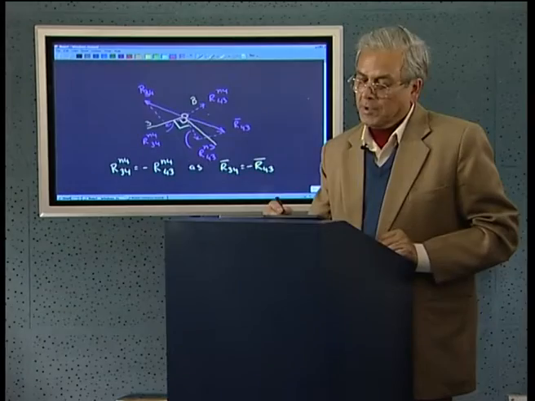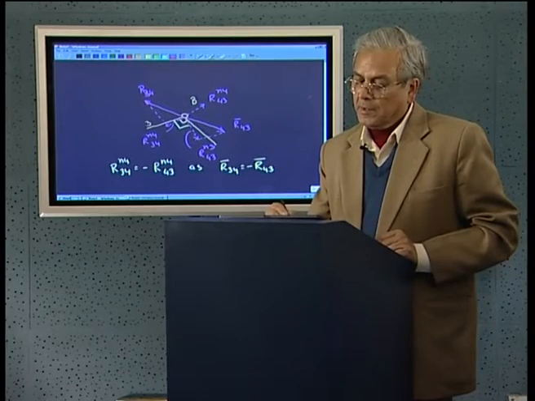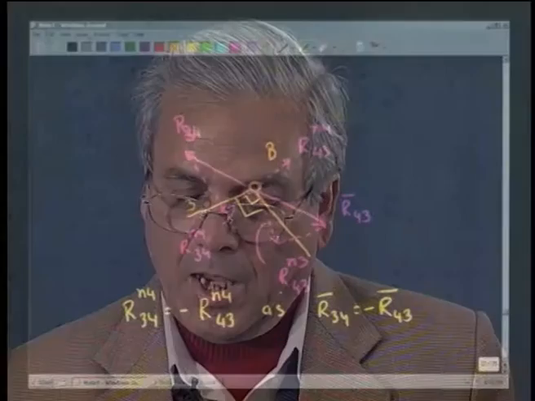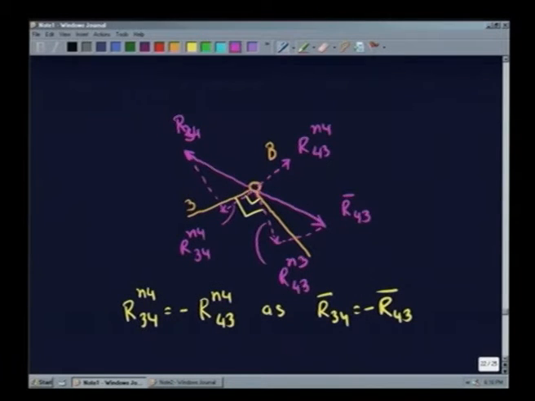So, now we find the situation that this is the component of the force R43 in a direction which is perpendicular to link 3. This is the component of the same force R43 in another direction which is perpendicular to link 4. So, if we know the components of a vector in two different directions, this is R43 normal to 3 and this is R43 normal to 4.